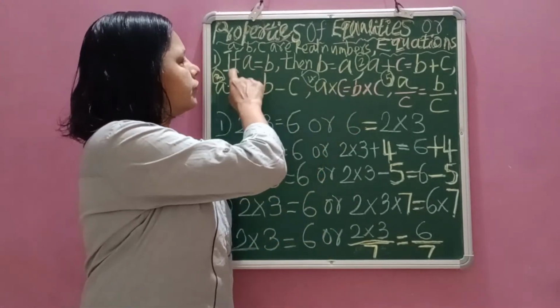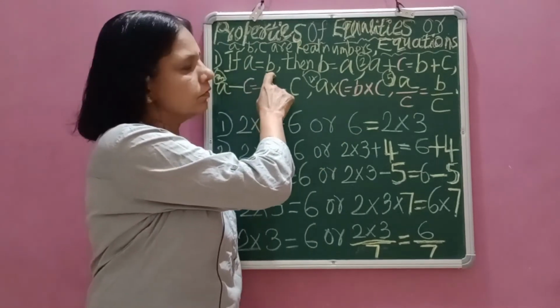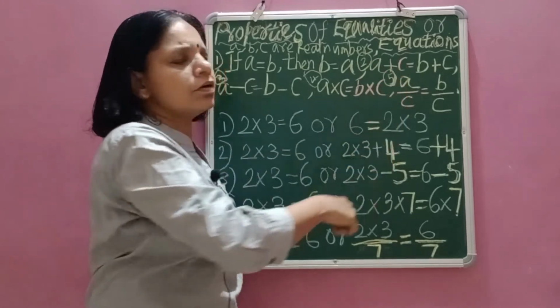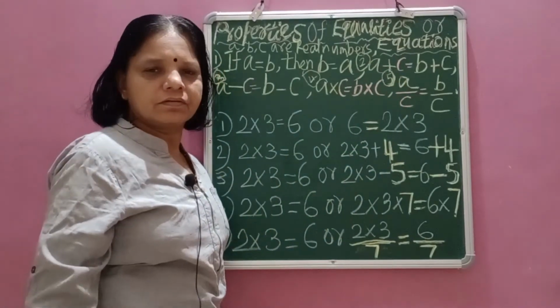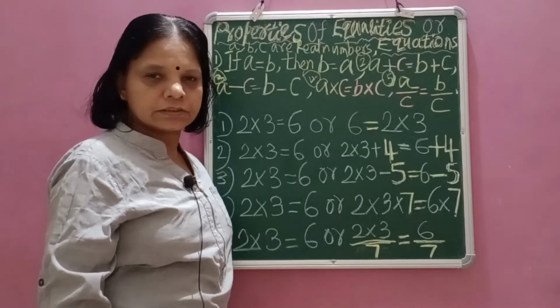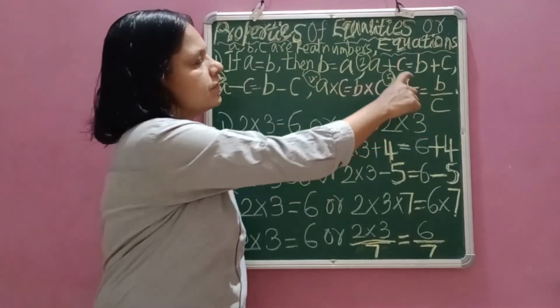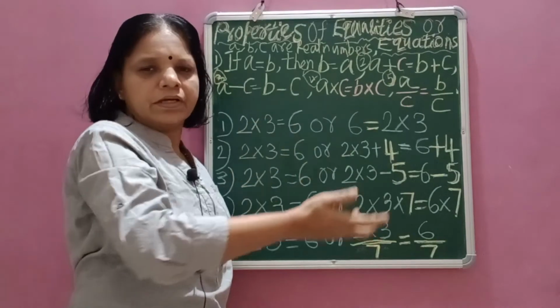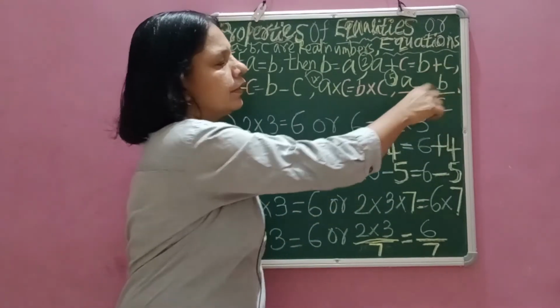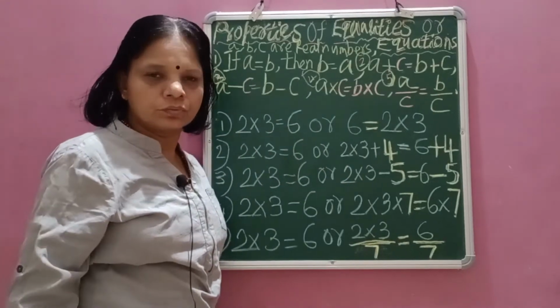Second one, if A equal to B, then A plus C equal to B plus C. What changes are done? In LHS, we added C. It can be a real number or expression. The same you have added in the RHS also.